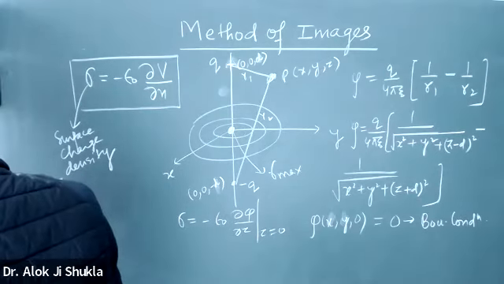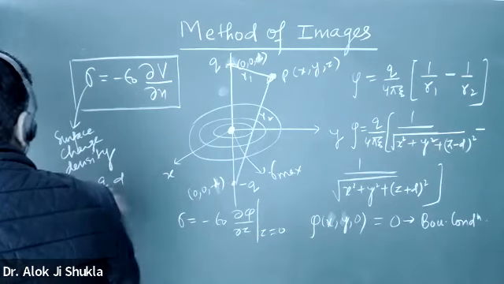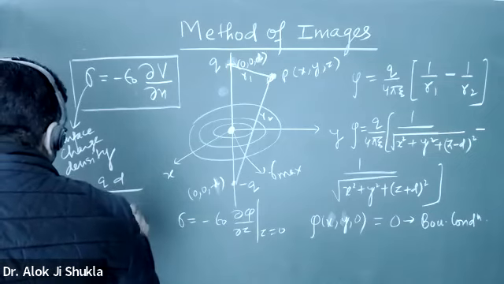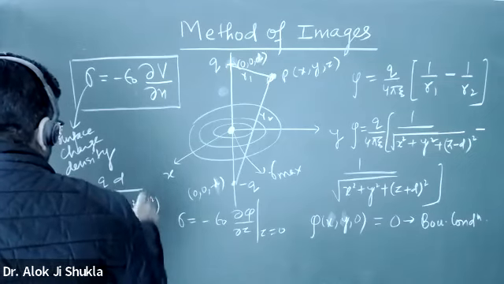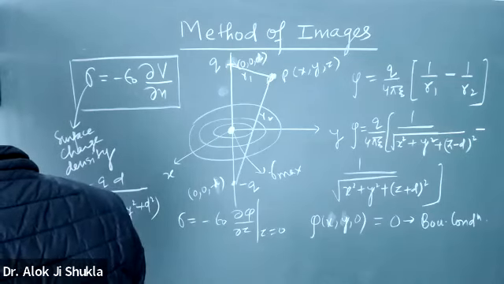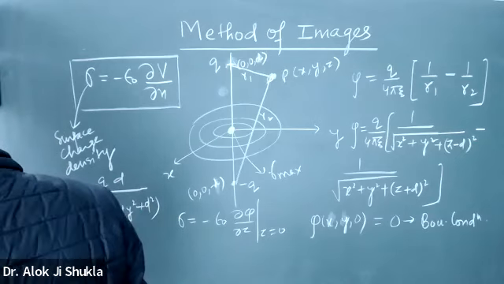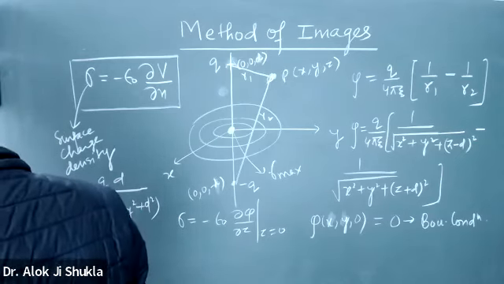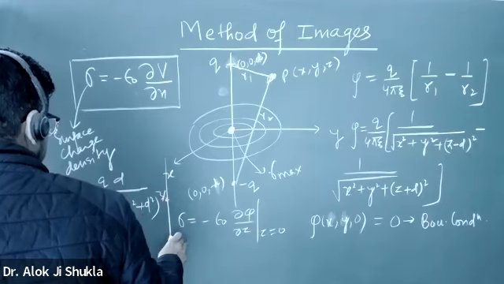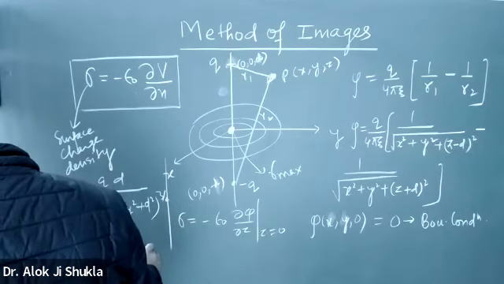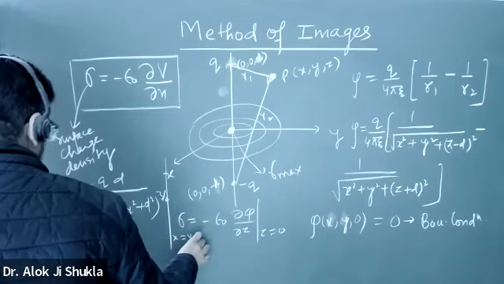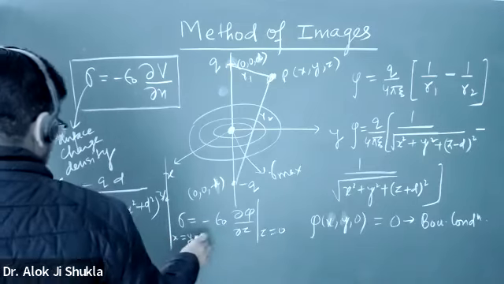sigma is equal to minus qd upon 2 pi, x square plus y square plus d square to the power 3 by 2, and you have to take x is equal to y is equal to 0.